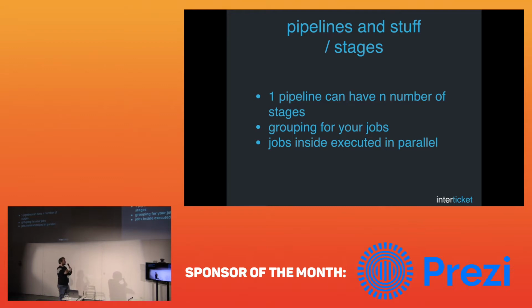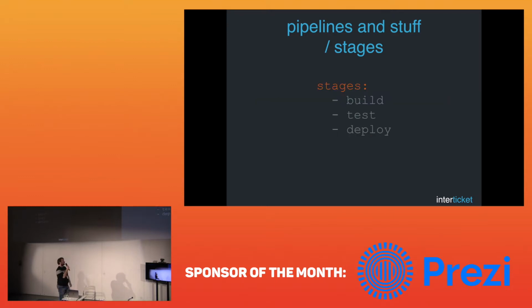It's something more than that, but jobs inside your stages are executed in parallel. To declare stages, you just have to declare an array in YAML. So it's kind of nothing.